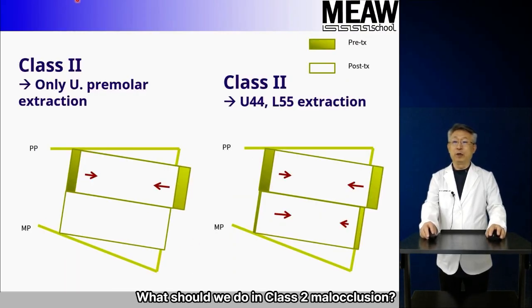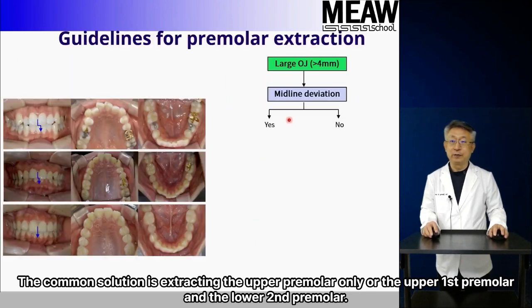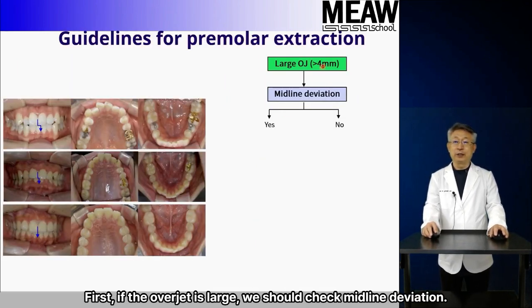What should we do in class 2 malocclusion? The common solution is extracting the upper premolar only, or the upper first premolar and the lower second premolar. First, if the overjet is large, we should check midline deviation.